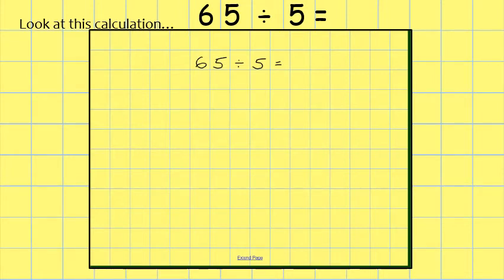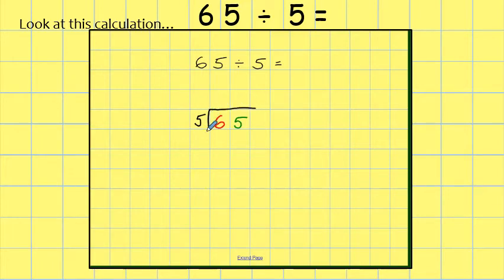So first thing we need to do, I'm going to use colours. We're putting our big number, 65, and then we add our divisor outside of our bus stop.